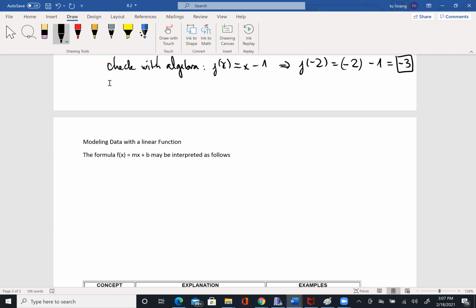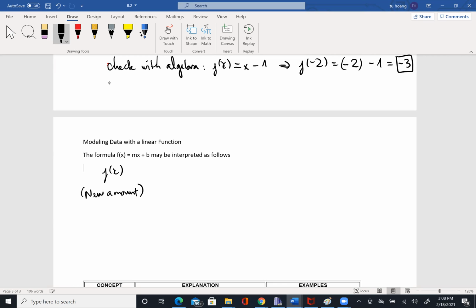So you have f of x equal to mx plus b. Maybe I have to rewrite it.